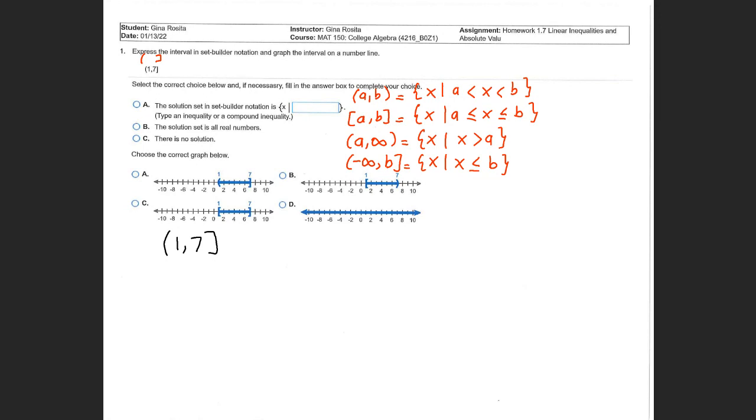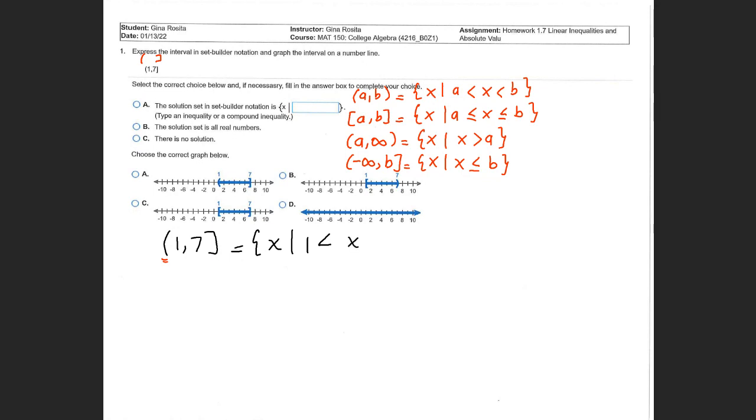Remember, open is not included, bracket means closed and included. So we write the set of all real numbers x such that 1 less than x, because this is a parenthesis, it's open, so no equal there, just less than.